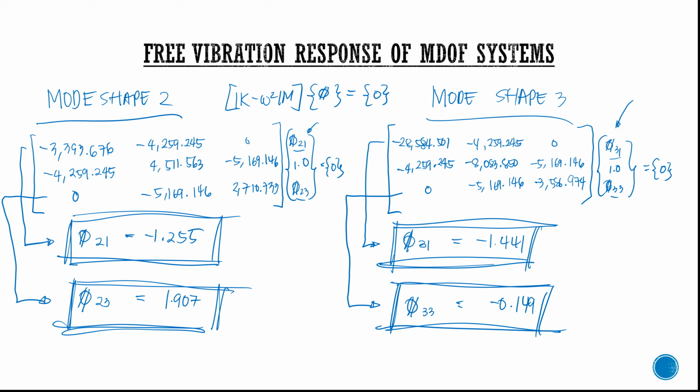Okay, we'll just take note of these values. We already have our mode shape factors. Then we'll be able to sketch the mode shapes per root or per frequency that we have.